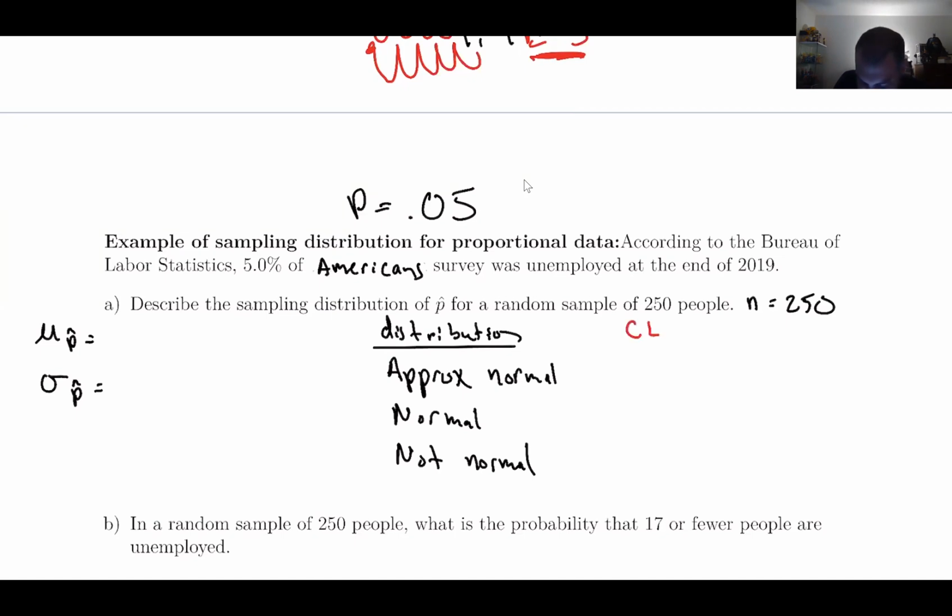We're going to check the central limit theorem to see if we have a big population, and we also want to check to see if we have a large sample size.